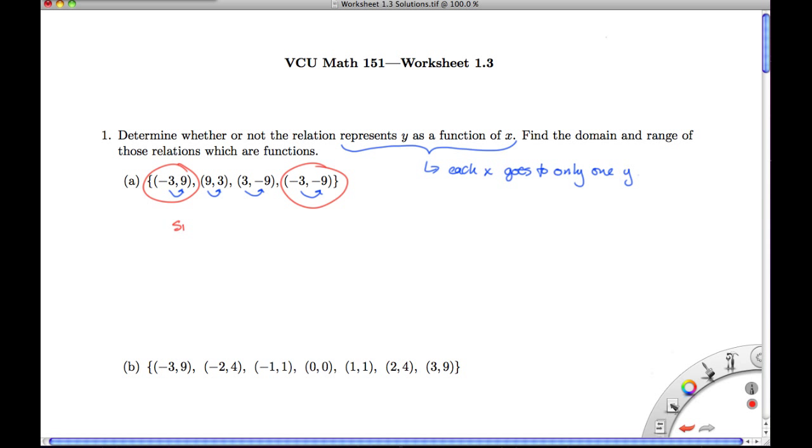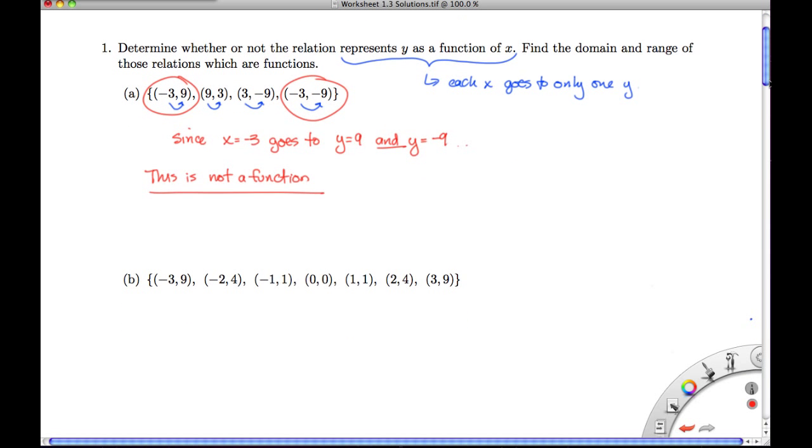So since x equals -3 goes to y equals 9 and y equals -9, we've got one x going to two different y's, then this is not a function. So that's one way that we can go about checking that. So that takes care of A.